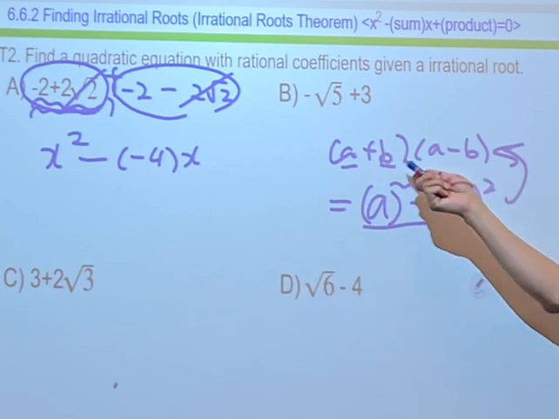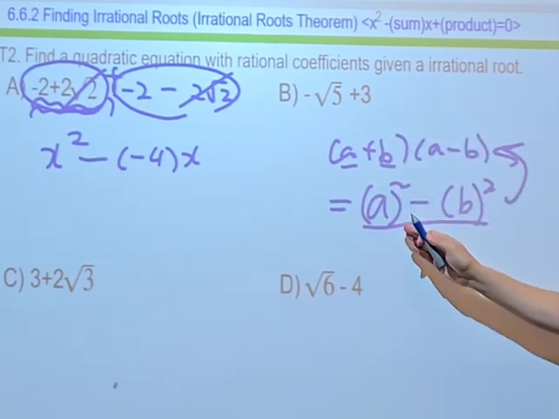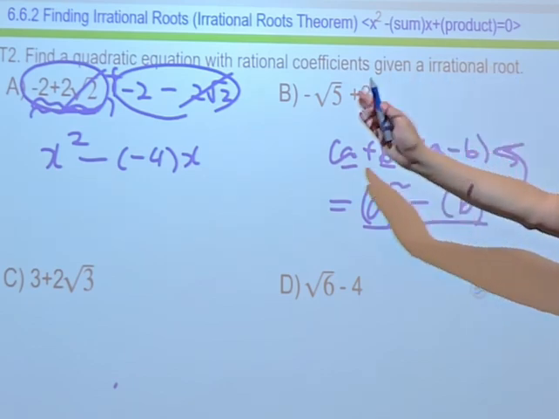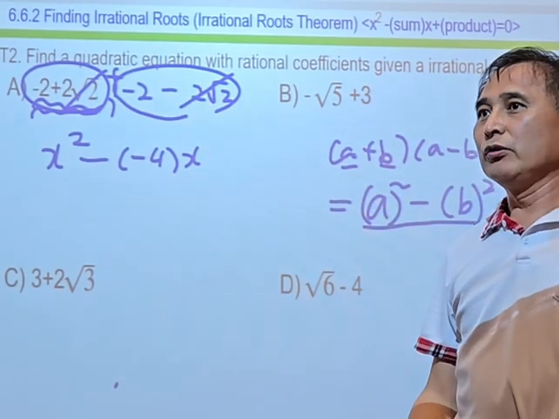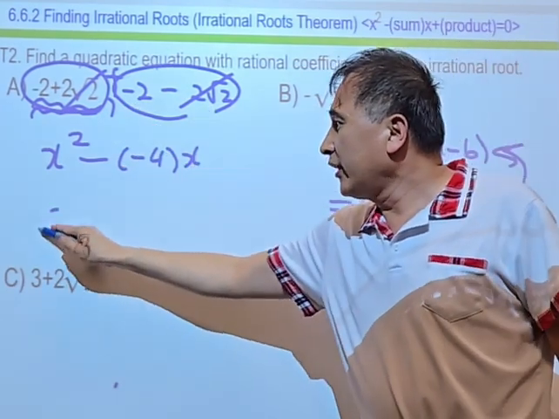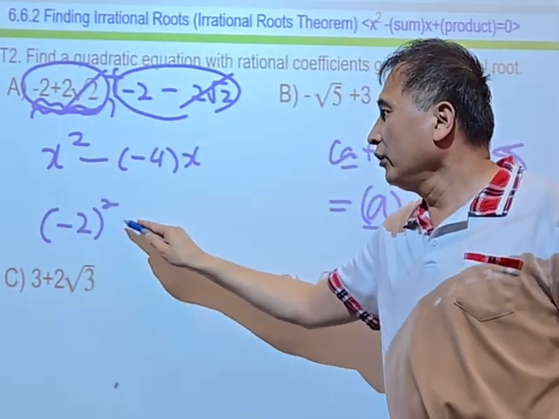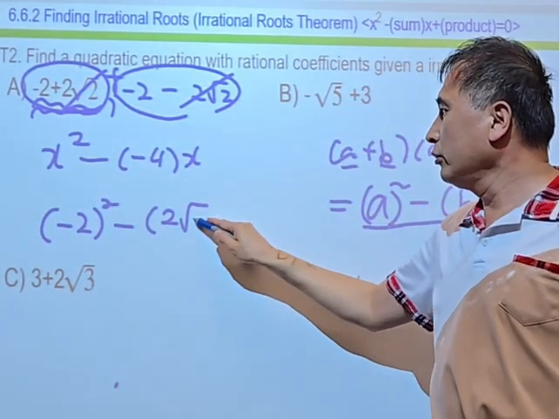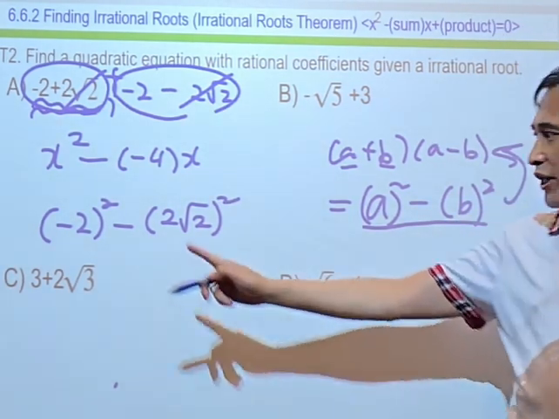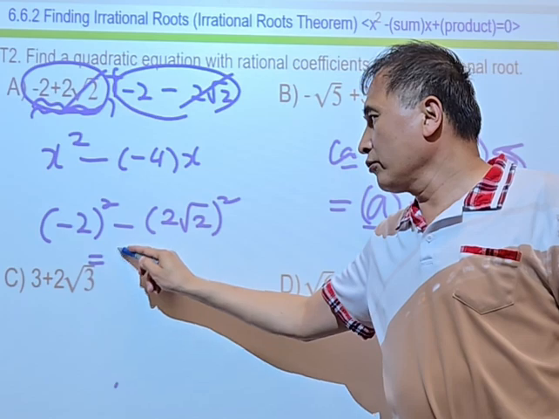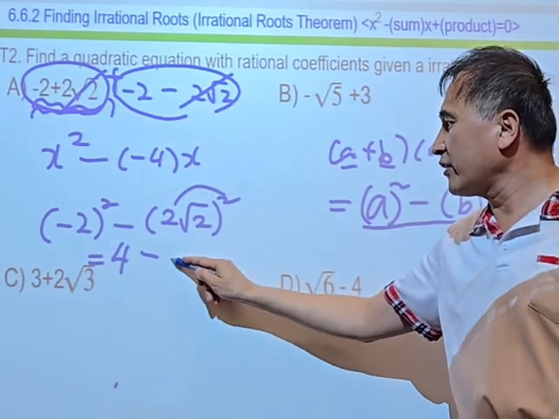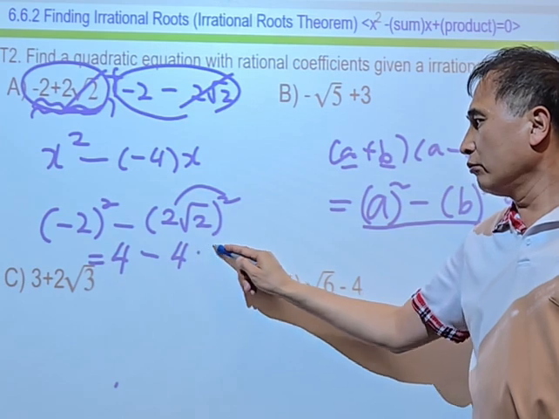That works really well here too. So a squared minus b squared: minus 2 squared is 4, and 2 root 2 squared is 4 times 2, which is 8.